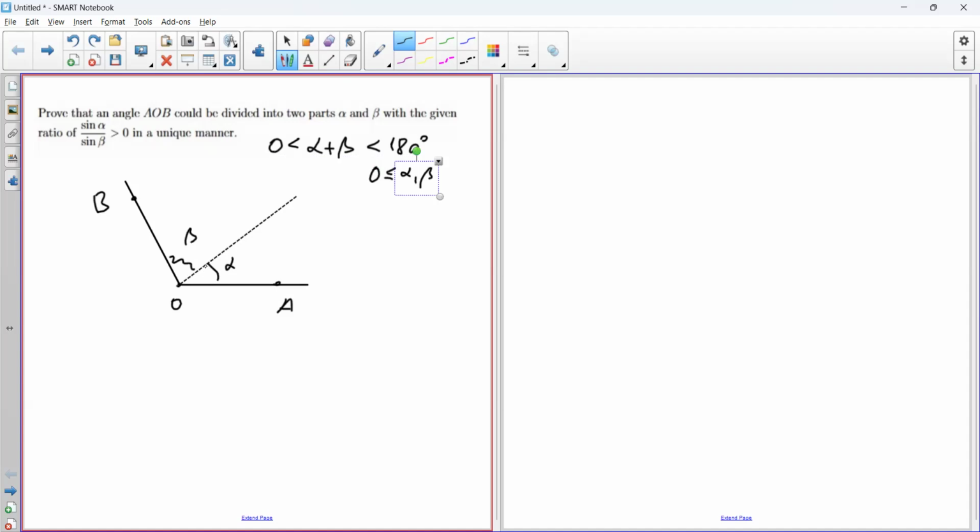In particular, we can study the function: denote the total of these two angles as gamma, which would be constant, and consider the ratio sine A over sine of gamma minus A, and study this.